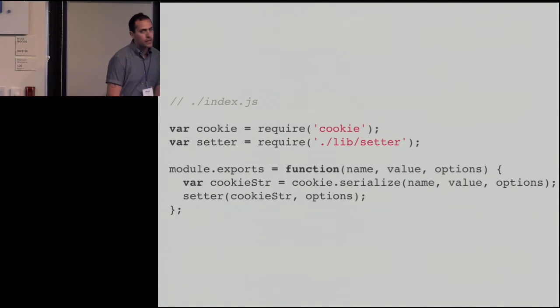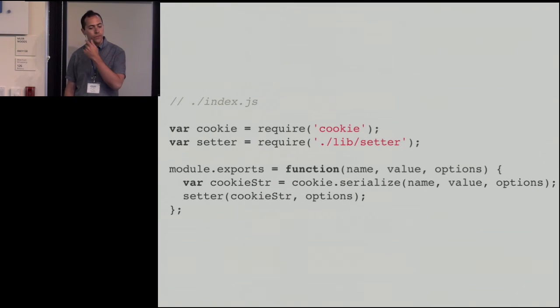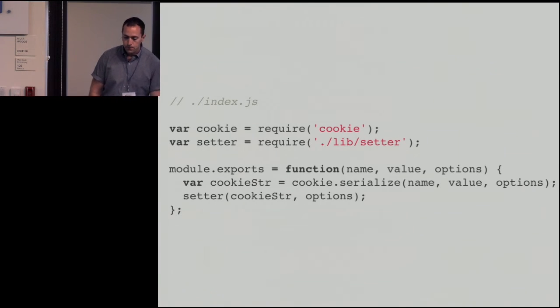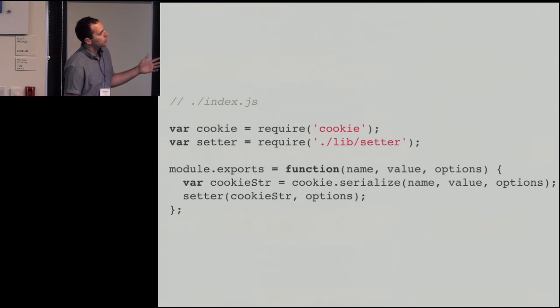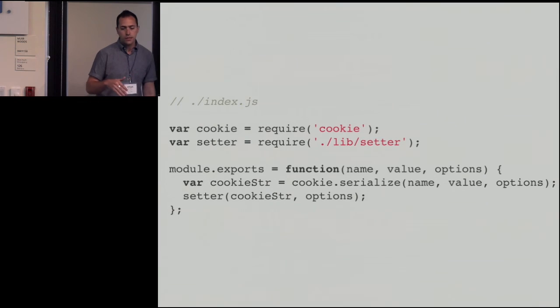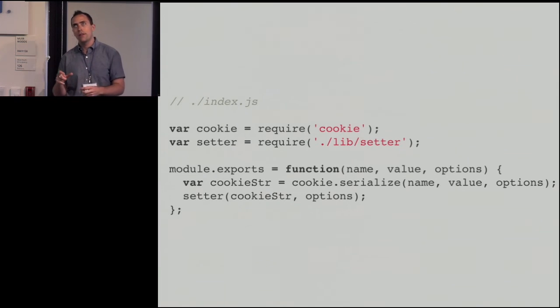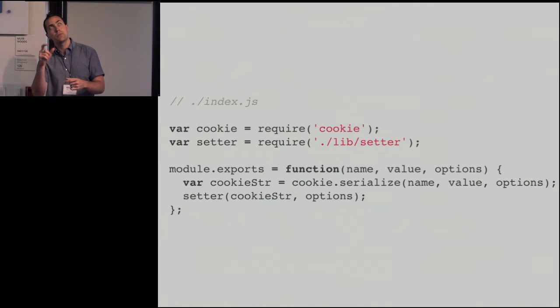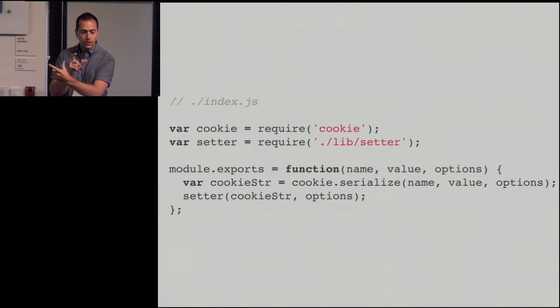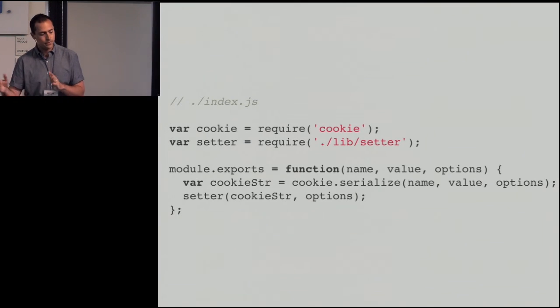So here's our index.js, our main file. So we require the cookie dependency. We require our setter. And you may remember that setter is actually a directory. And there's an index.js file. One cool feature of CommonJS is if there's a directory with an index.js in it, you can just require it with the directory name.